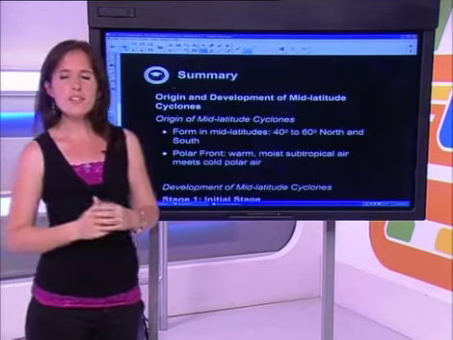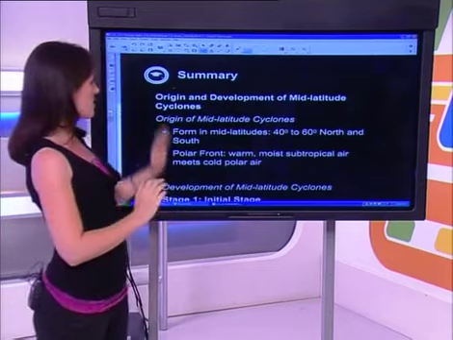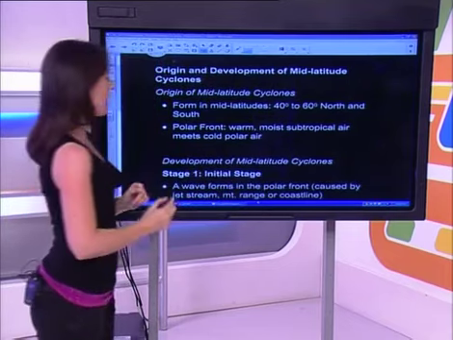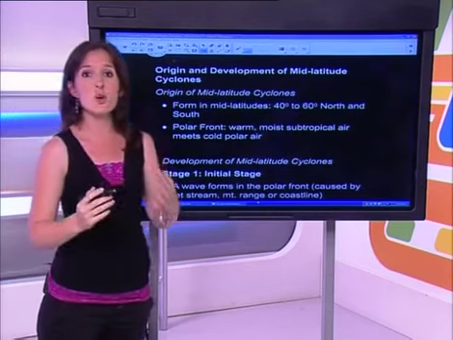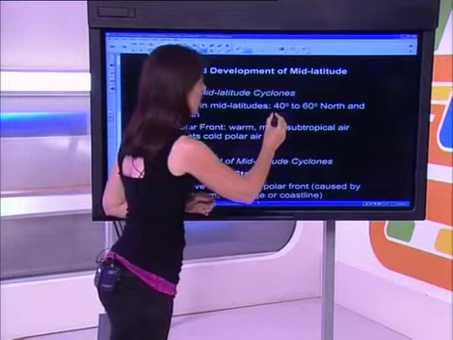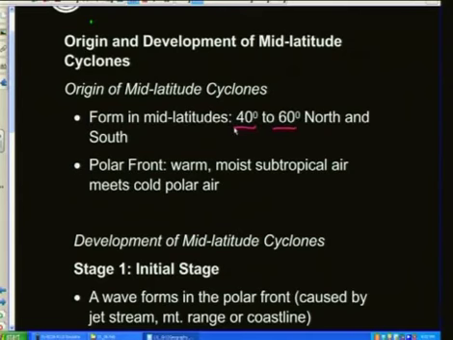All right, we're going to start with a summary today. The first thing that we're going to look at is their origin. The first thing that you need to know is the latitudes in which they form. Generally between 40 and 60 degrees north and south, they form where we find the polar front.